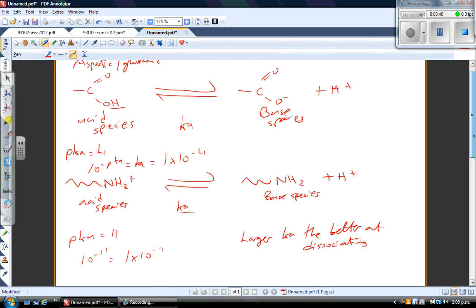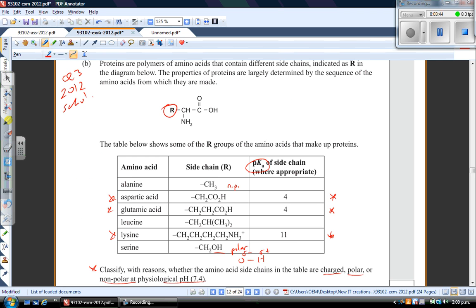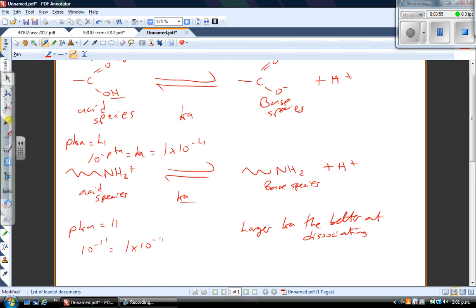Now, if we go back to the question, it says, what would happen to the acids or the lysine at a pH of 7.4? So we need to discuss the relationship between pH and pKa.